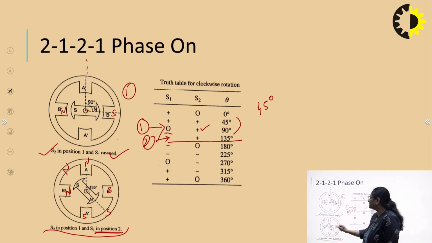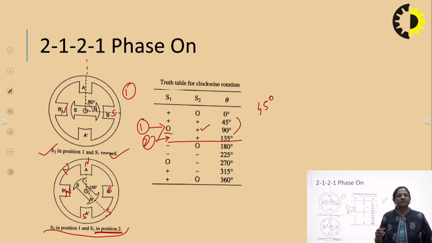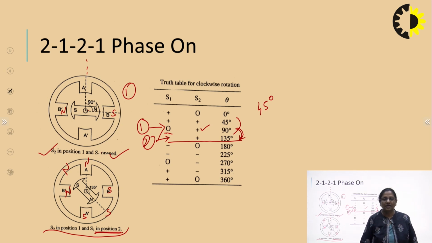So what is the rotation? The rotation is from 90 degrees to 135 degrees. What does it imply? When we are changing the switching from this sequence to this sequence, the rotation of the rotor is by half of the step angle, right? And this is what we obtain in the 2-1-2-1 phase on method.